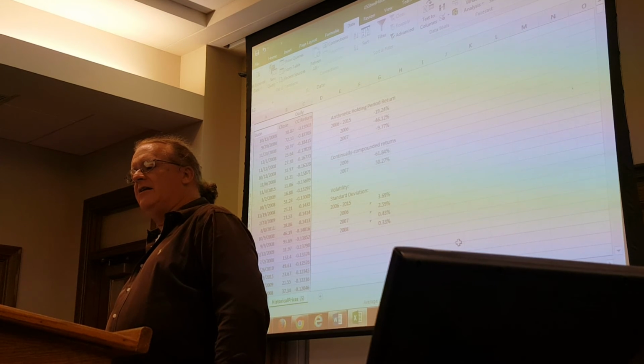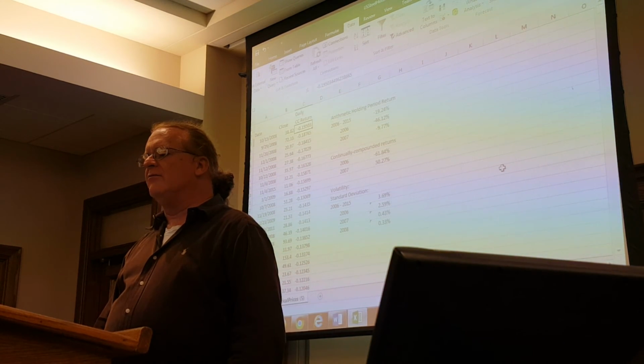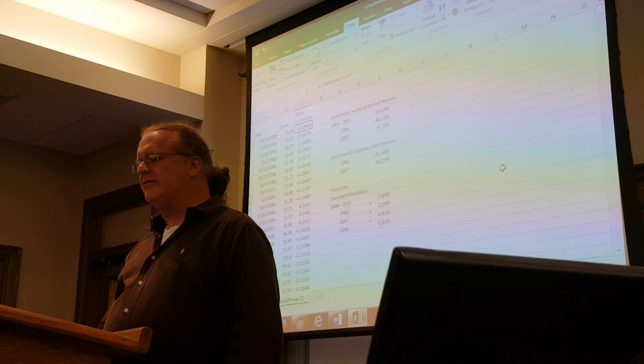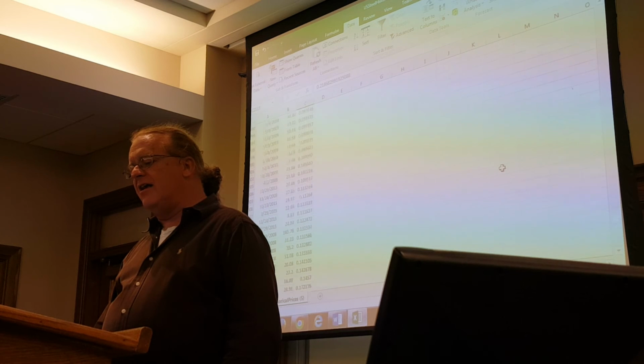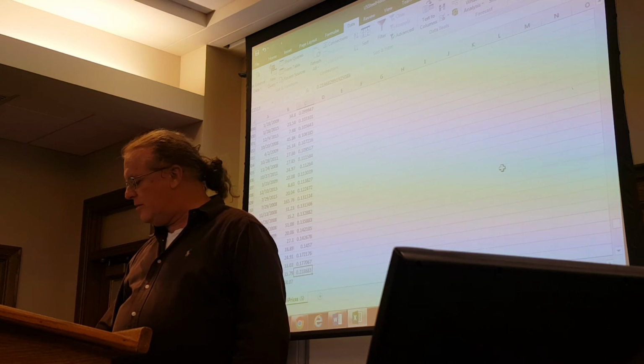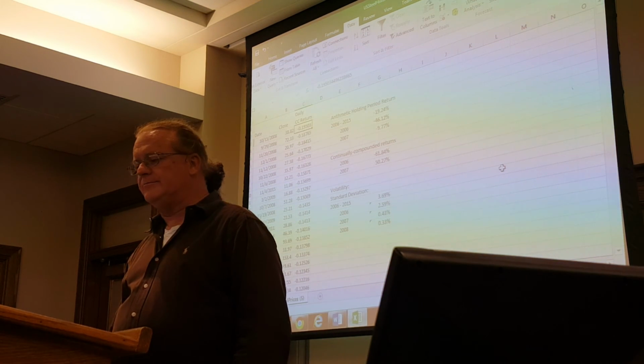So here's what I've got. These show me the rankings from the worst day that U.S. Steel had, October 15th, 2008, to the best day, December 8th, 2008, positive 21. So it ranges from negative 19 to positive 21.